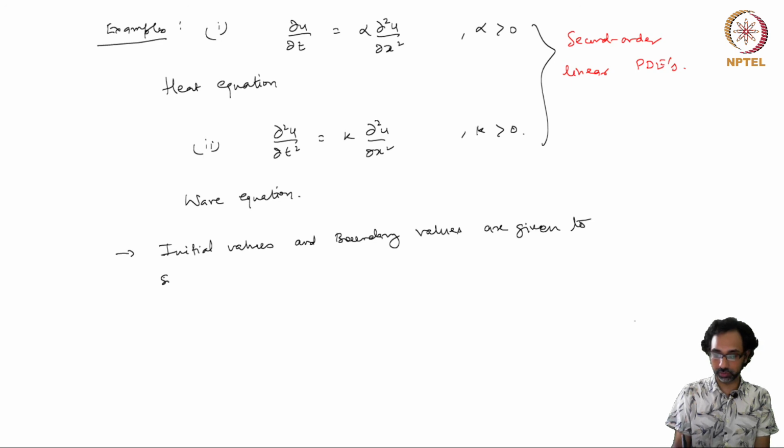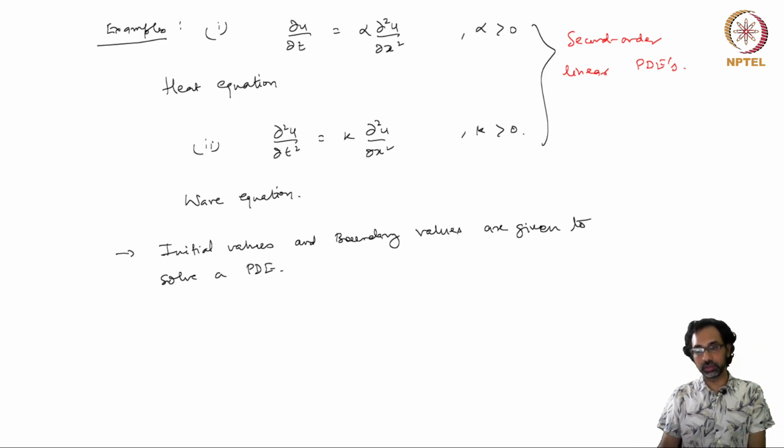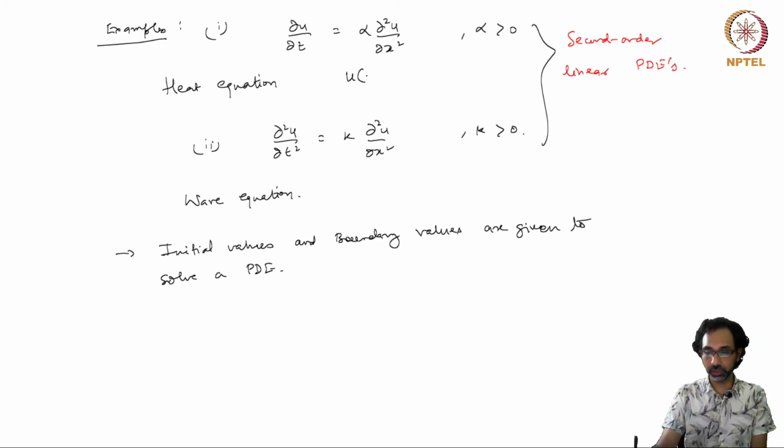So one can have, for example, in the first example, u(x,0) equals 0 and u(0,t) to be 1.